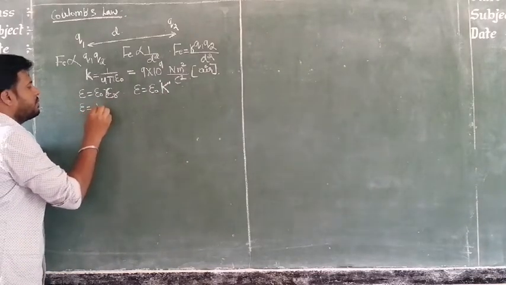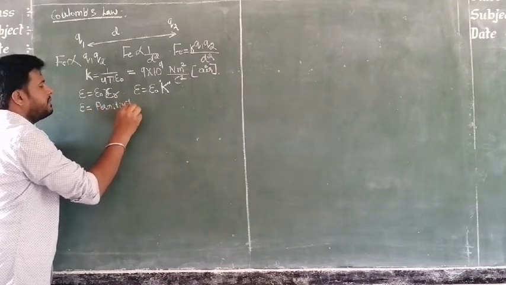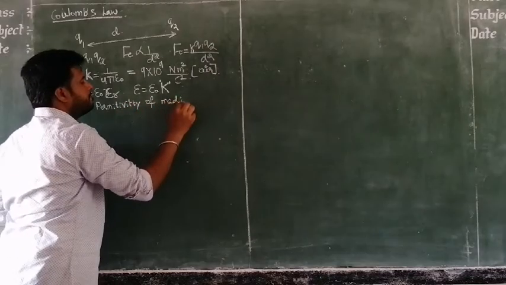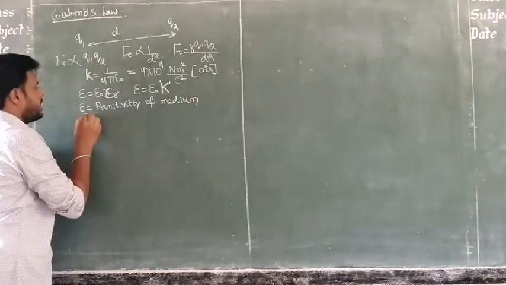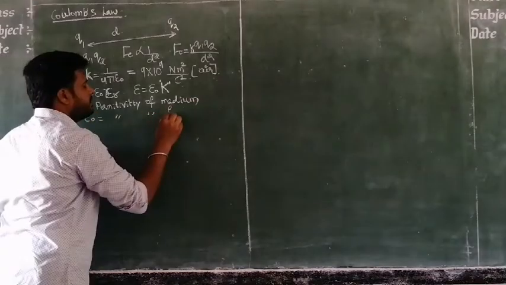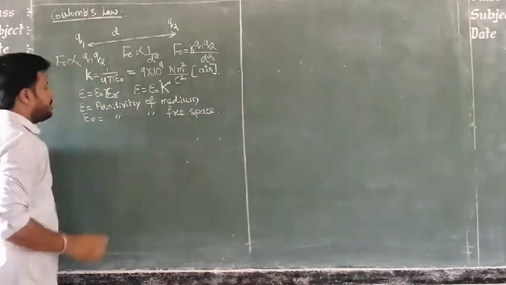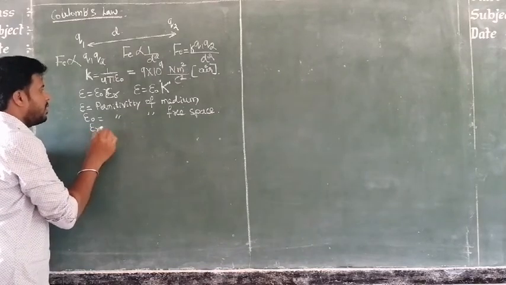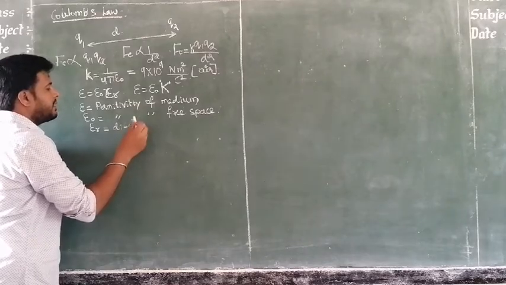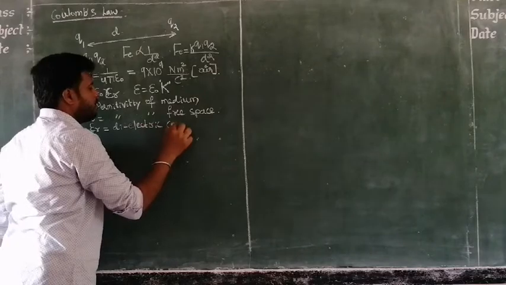Epsilon equals the permittivity of the medium. Epsilon naught equals the permittivity of free space. Epsilon r equals the dielectric constant.